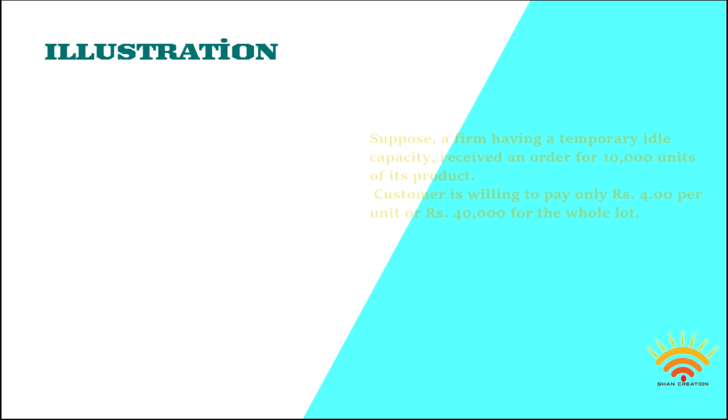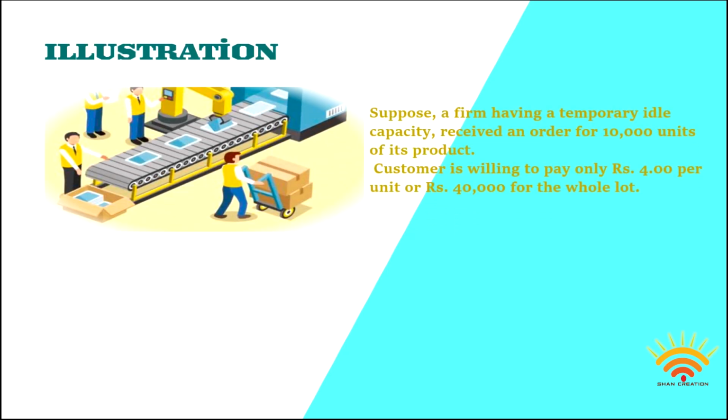The firm which ignores the short run and long run considerations will meet with failure, which can be explained with the help of this example. Suppose a firm having a temporary idle capacity received an order for 10,000 units of its product. The customer is willing to pay only 4 rupees per unit, or 40,000 rupees for the whole lot, but no more.